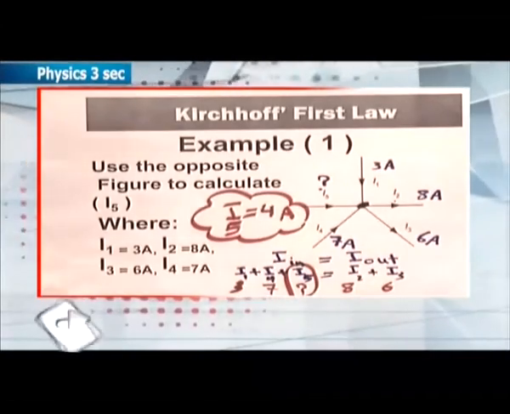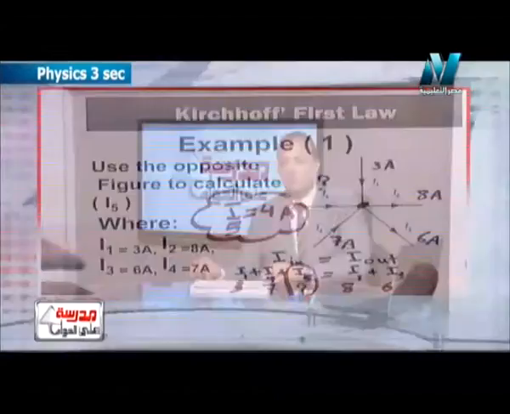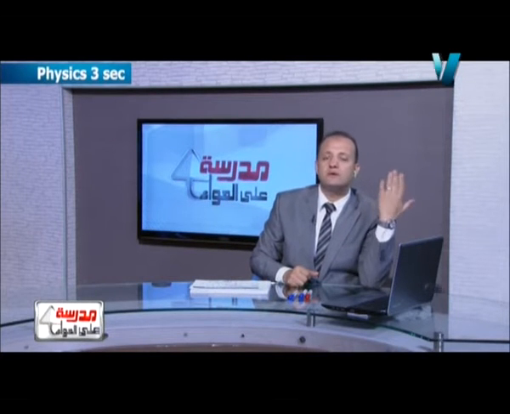Pay attention with me. Let's conclude what we said. According to Kirchhoff first law, at any node the current that enters the node equals the current that leaves the node. According to our previous lessons, what's the meaning of junction or node?